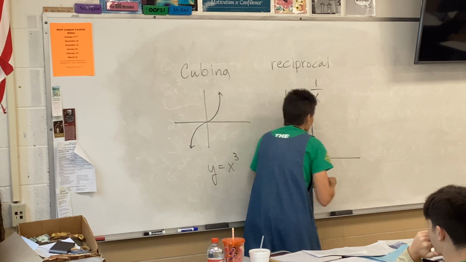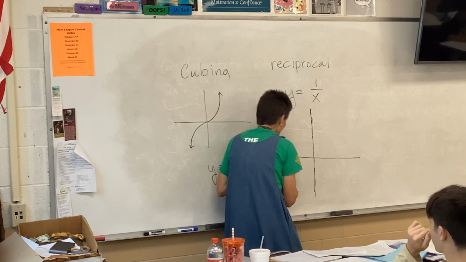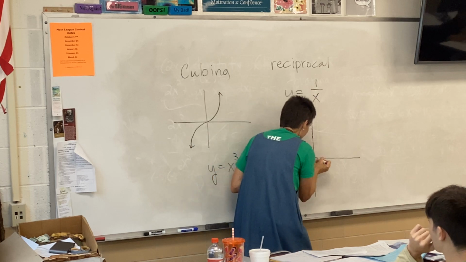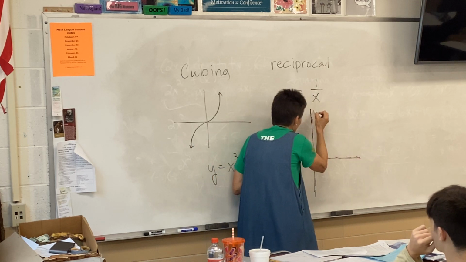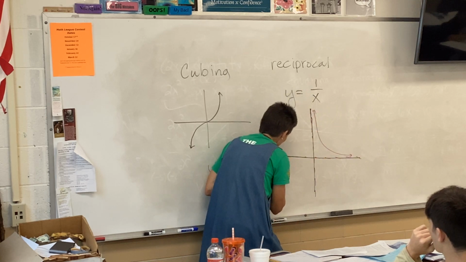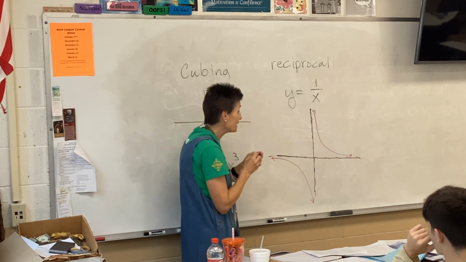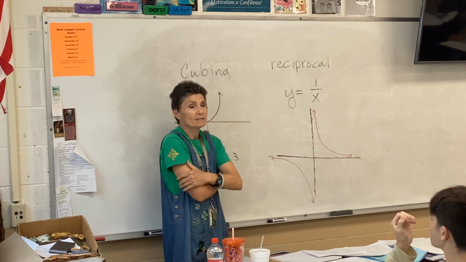Has an asymptote here, and an asymptote here, and then a shape that looks like that, and like that. That pink thing is the reciprocal function.